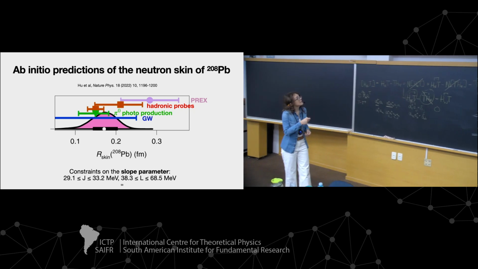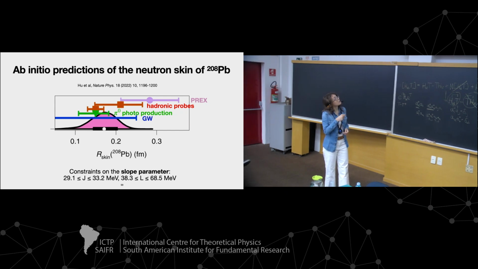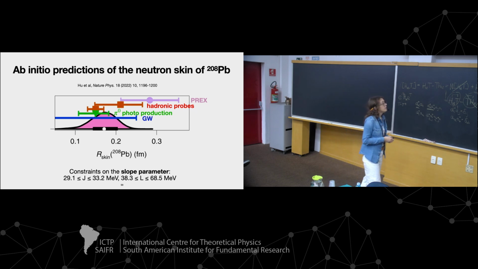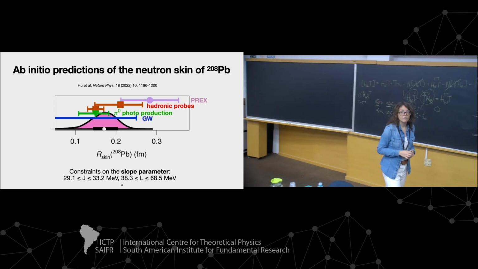And using, let's say, the set of interactions that was used in this work, we can actually get, again, constraints on the symmetry energy at saturation density and the slope parameter. And actually, here you still see lower values with respect to the ones that we saw from PREX.